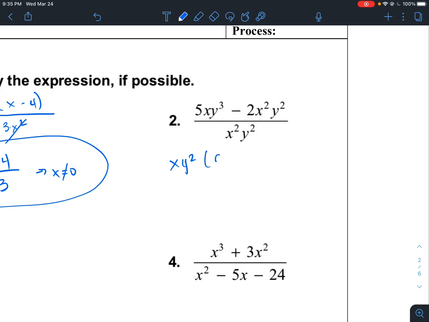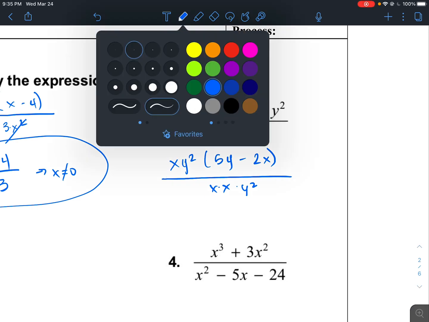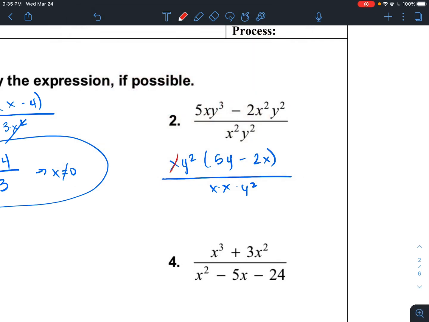When you do that, you're left with 5 times y minus 2 times x divided by x squared, y squared. Now I'm going to split this up just a little bit. x squared is the same thing as x times x, and then y squared. I do that because I notice I can cancel out these x's right here, and then I can cancel out the y squareds.